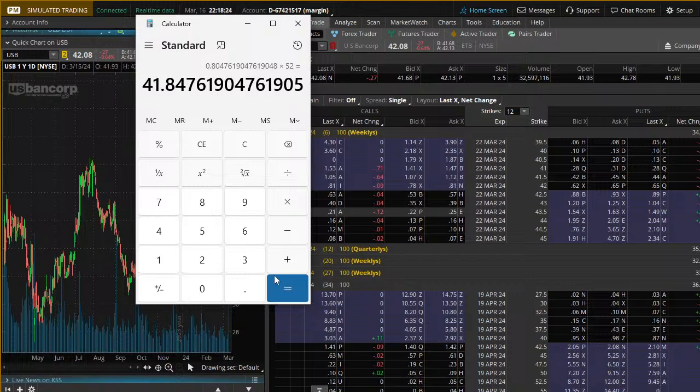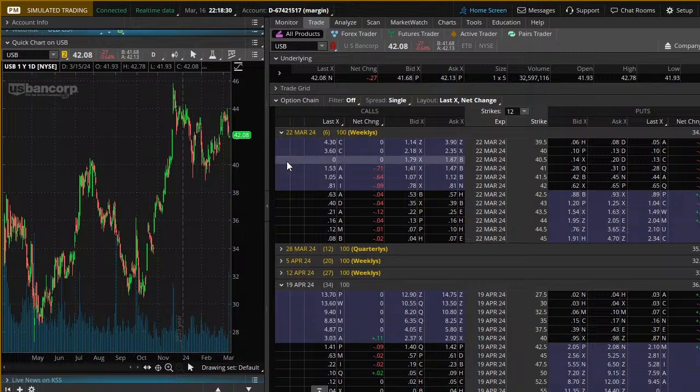All right, anyway. So as you can see, if USB on Monday makes one more up day, that's two. I like to have 2 days to the upside. If you like USB and you're okay with the way it looks, let's zoom in a little bit more.